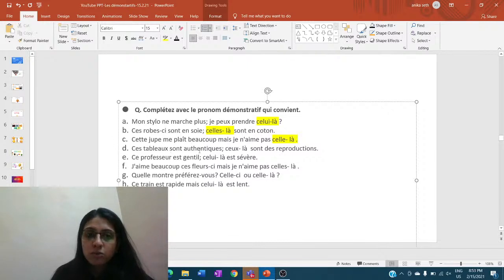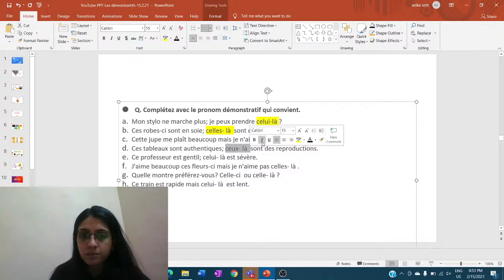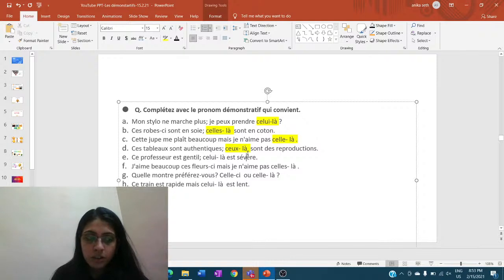Ces tableaux sont authentiques, ceux-là sont des reproductions. So tableau, masculine plural, will be replaced with ceux, C-E-U-X, ceux-là sont des reproductions. Ce professeur est gentil, celui-là est sévère.